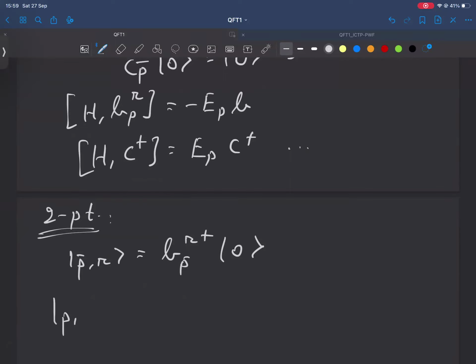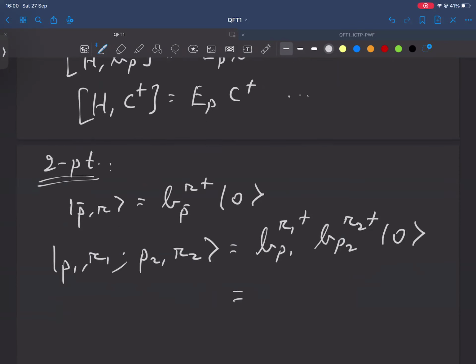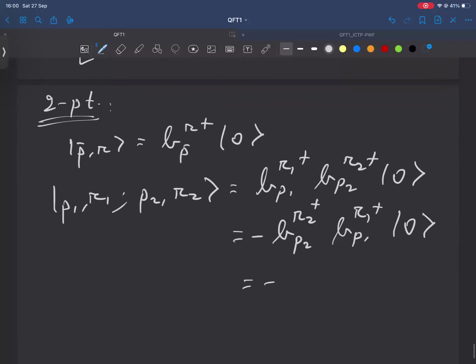So |p1 r1, p2 r2> is like b_{p1 r1} dagger b_{p2 r2} dagger on the vacuum. But now these things anti-commute. So when you flip them, you have to put a minus sign. And so you get minus |p2 r2, p1 r1>.